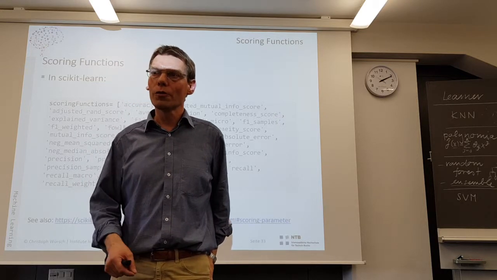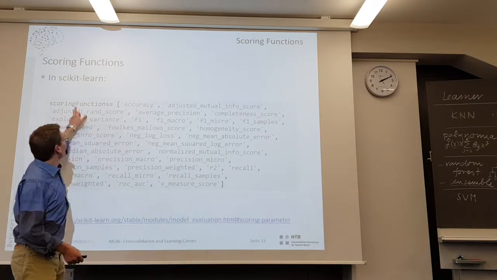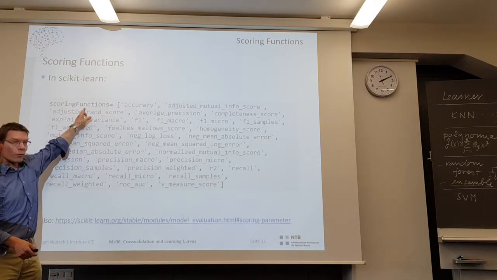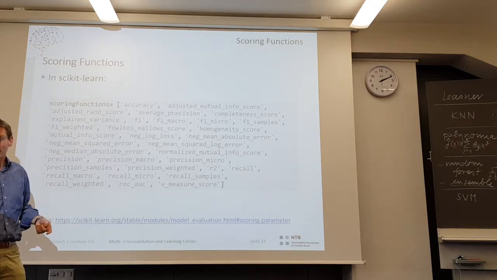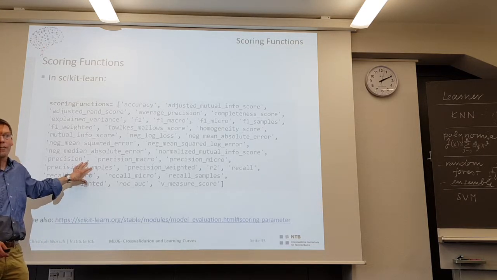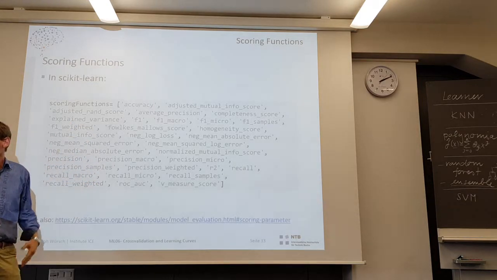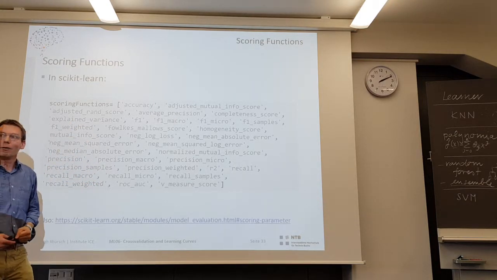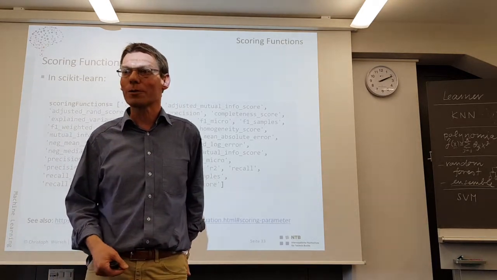This you would not use for a regressor. But you can just get the list of scoring functions that are available in scikit-learn, to use in a validation curve and display all these scores. So the way to judge how good a learner is depends on the application. You have to select one score.